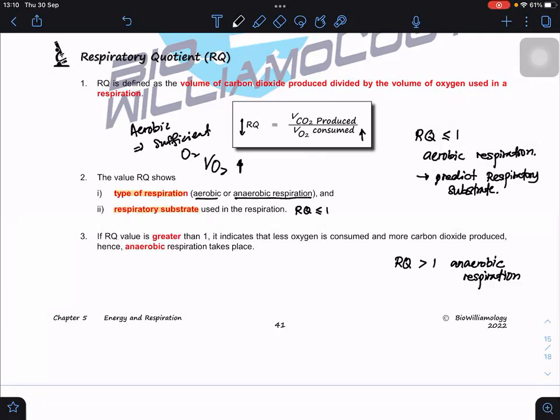An RQ of 1 basically means we have the same volume of O2 as the CO2 produced. But in anaerobic conditions, we have insufficient O2, so the O2 volume is low and the RQ value will be high. Therefore, an RQ value more than 1 is anaerobic respiration.